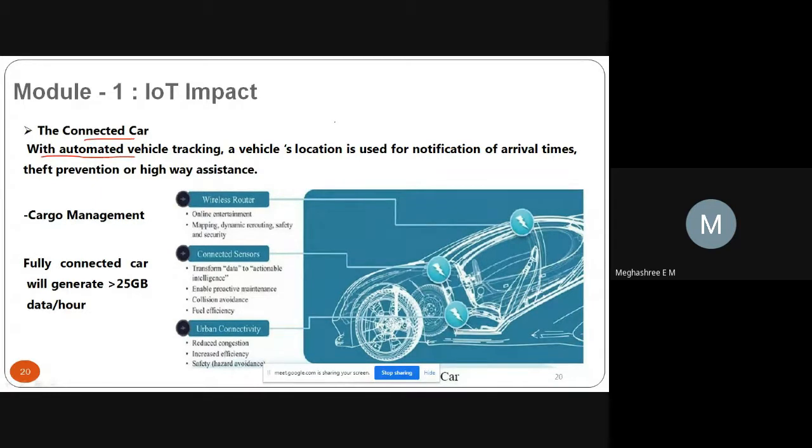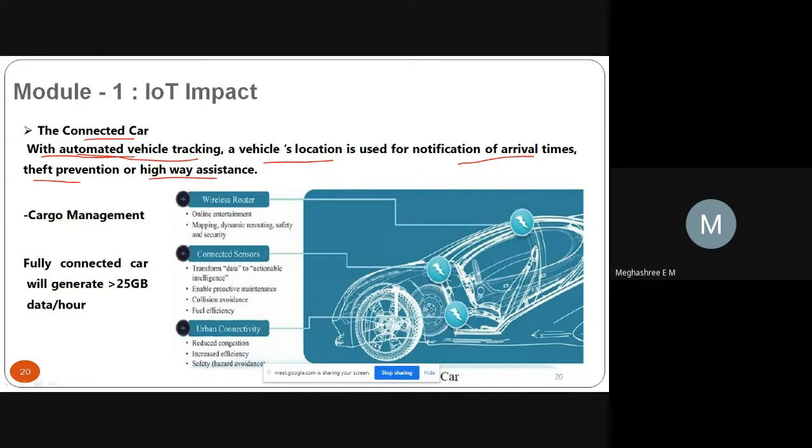Here, along with the connected car, there is automated vehicle tracking also. With the help of this tracking application, the vehicle's location can be known, and you can know its arrival time. With the help of the tracking system, you can also prevent theft of the car, and it also gives highway assistance.